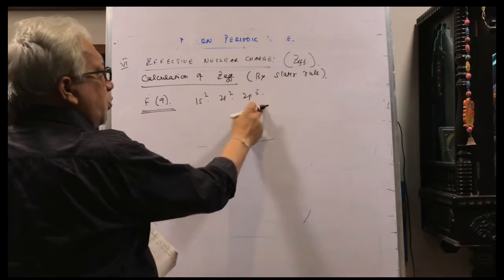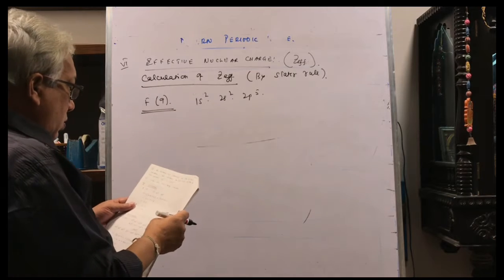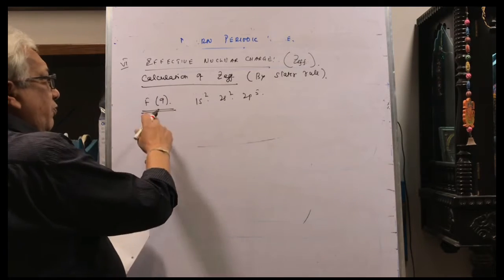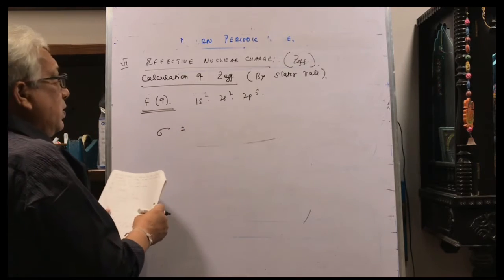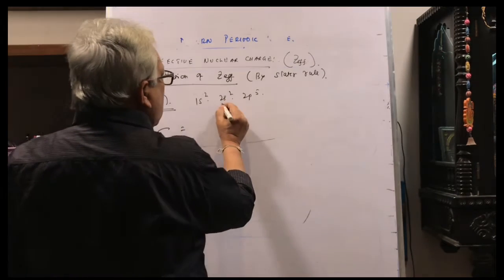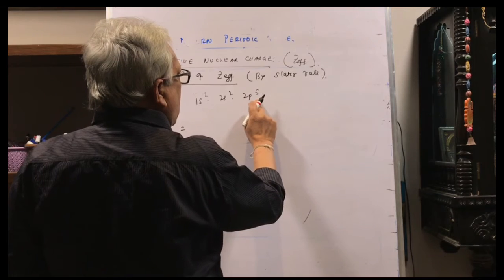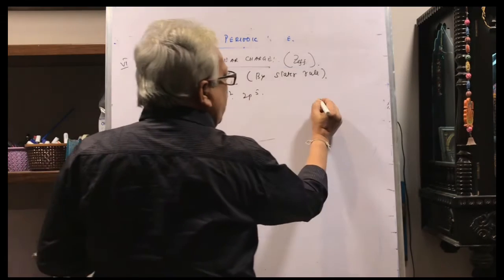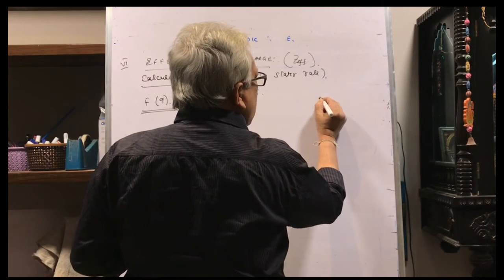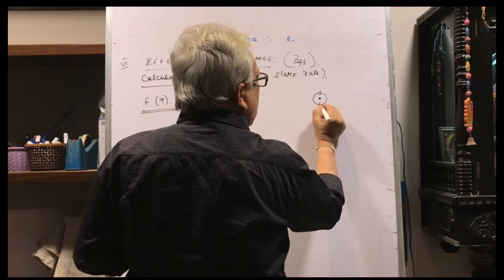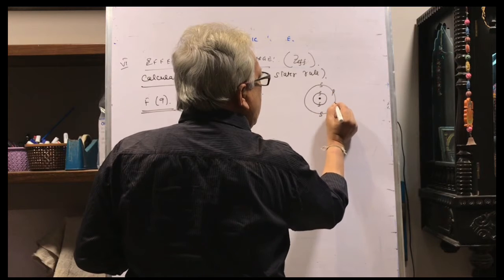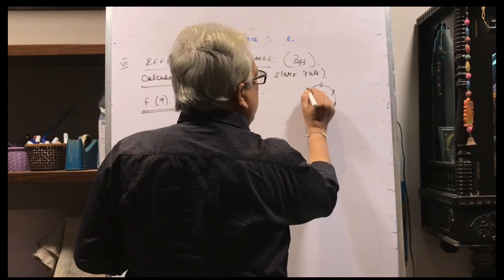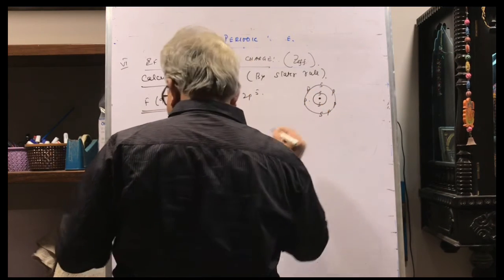So 2 plus 2, 4 plus 5, 9 electrons. Now when I find out the screening constant, how do I do it? Now in this there are a total of 7 electrons in the outer shell. So one electron I'm thinking of. If you think of it, this is the nucleus, this is the first shell S, and the second shell S, and then P1, P2, P3, P4, P5.